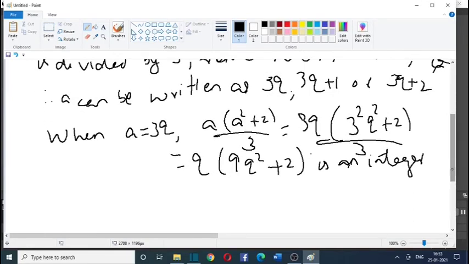Now consider when a is equal to 3q plus 1.